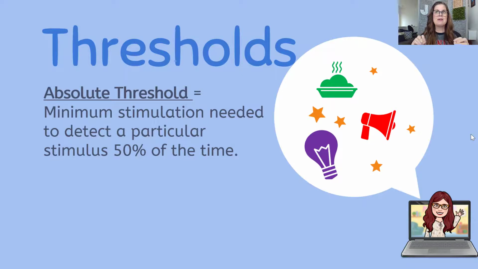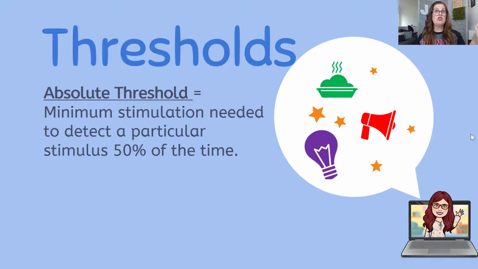this is the minimum stimulation that's needed to detect a particular stimulus 50% of the time. So an absolute threshold is really how much sound, how much light, how much of a smell do you need to identify that stimulus at least 50% of the time.